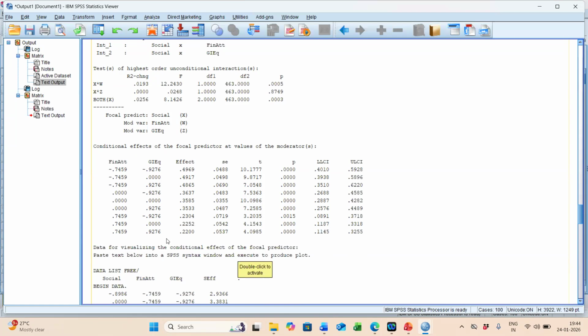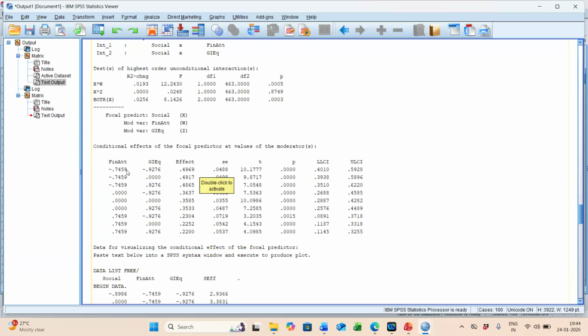Everywhere you look at gender equality. The first column represents the different levels of financial attitude. Second column shows different levels of gender equality, that is different levels of two moderating variables. So when both of them are taken together, what will be the effect? That's what we are actually watching, the effect.